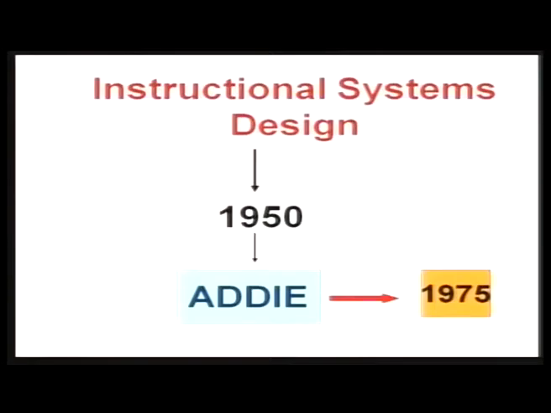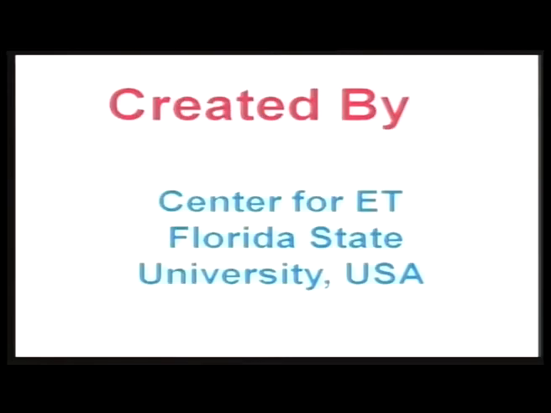At that time, in 1975, the ADDIE model was developed, created by the Center for Educational Technology, Florida State University, USA. Since then, it has developed and gone through many phases or changes. And now this is the model used by the majority of educators.